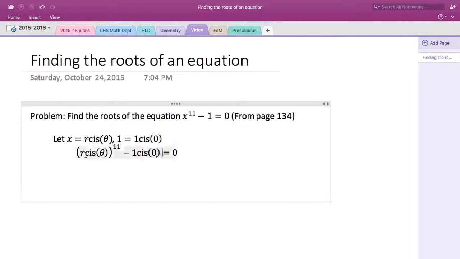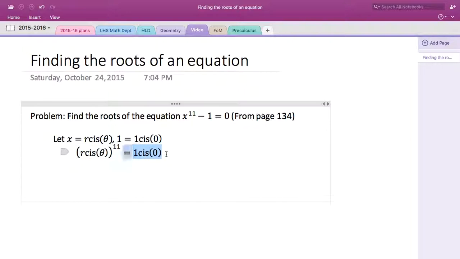Or just simply, you are adding 1 cis 0 to both sides and getting r cis theta to the 11th power equals 1 cis 0.